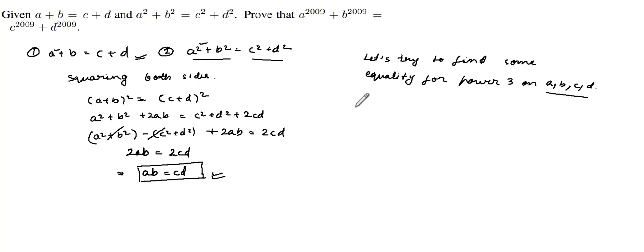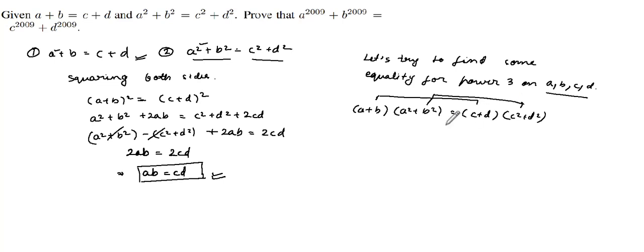So let's multiply them. It will be (a plus b) multiplied with (a square plus b square) is equal to (c plus d)(c square plus d square). These two equations will be equal because the first things we are multiplying are equal, and the second things we are multiplying are equal, right? So it turns out to be a cube plus ab square plus b a square plus b cube.